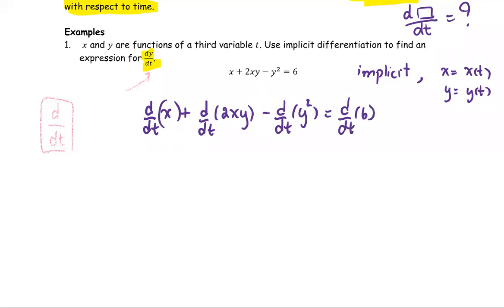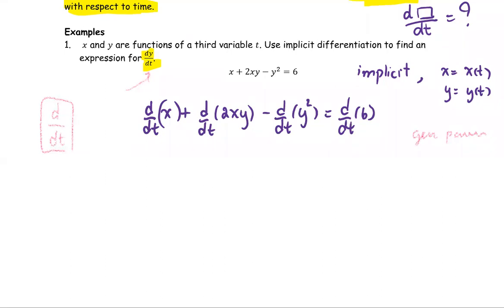As you don't see t within the expression at all, we are going to use the general power rule and other rules as appropriate. That means you're going to multiply by the derivative of the quantity that you see.